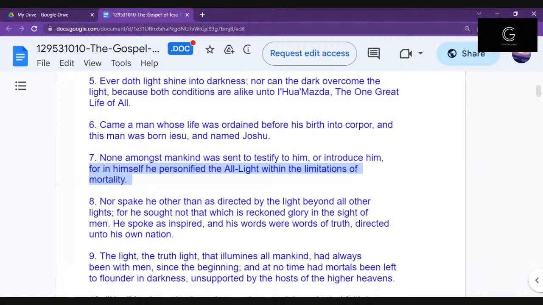Not only wouldn't he have married, he wouldn't want to have married, nor have sex. Why? Because he in himself is personified as the all light within the limitations of mortality or physicality. Nor spake he other than as directed.